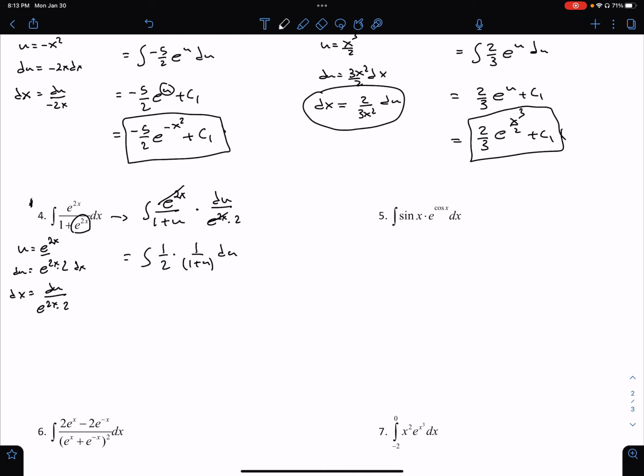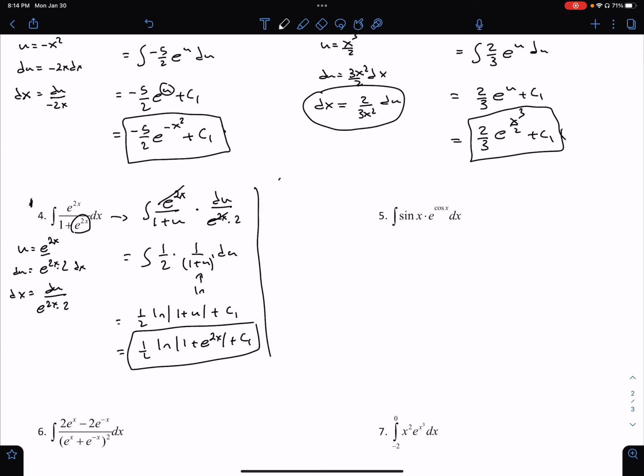If I notice the entire bottom has a power of 1, I know that this is just my natural log. So my answer is going to be 1 half the natural log of 1 plus u plus c1. If I replace my u, we get 1 half the natural log of 1 plus e to the 2x plus c1.